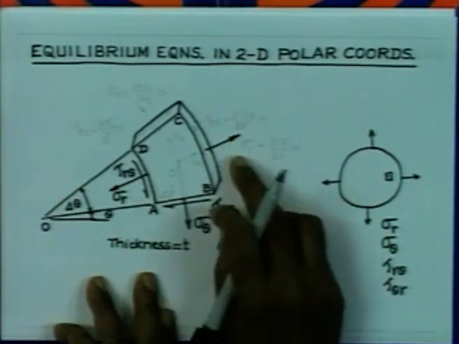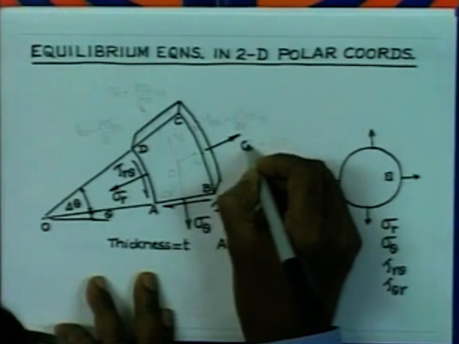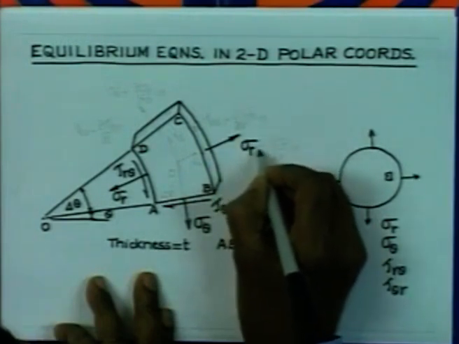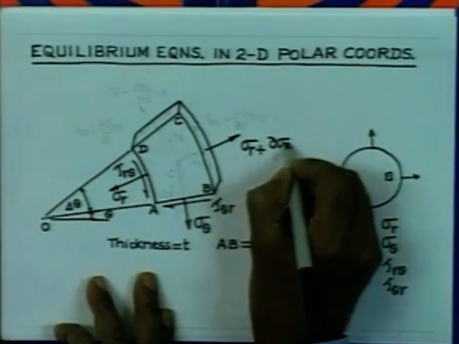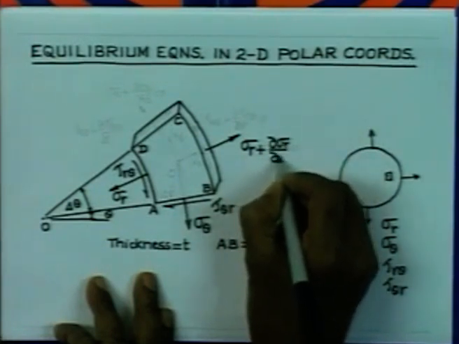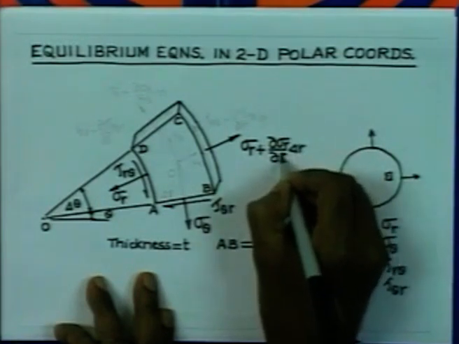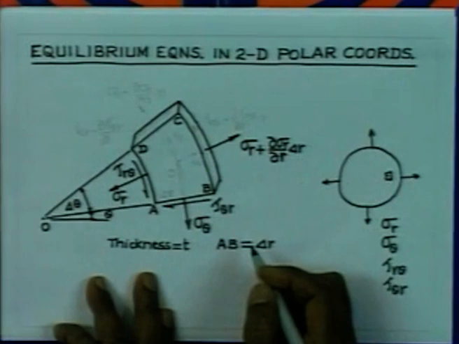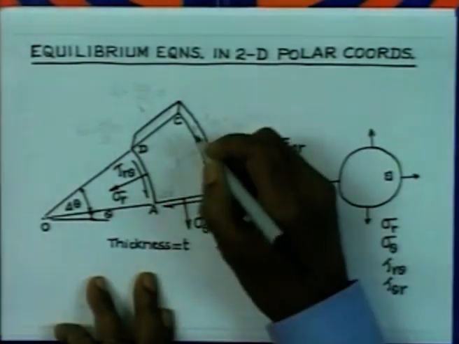Now, I can write this stress here with respect to this one by the Taylor series expansion, and hence this stress should be equal to sigma r plus delta sigma r by delta r into delta r. So, this is the stress on the face BC in the normal direction.